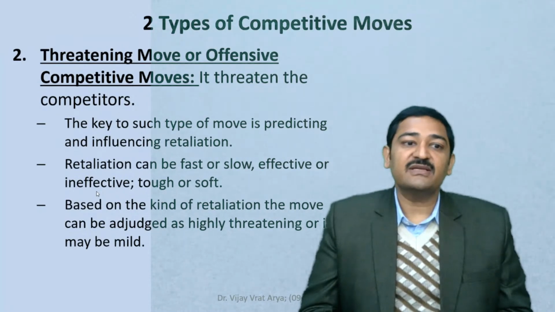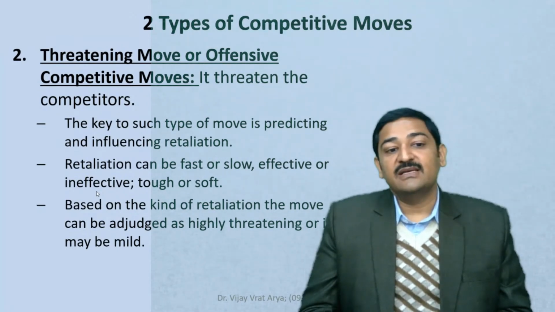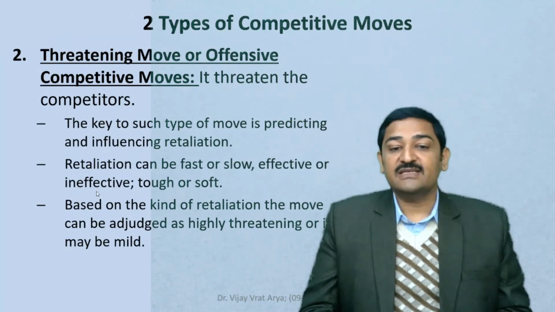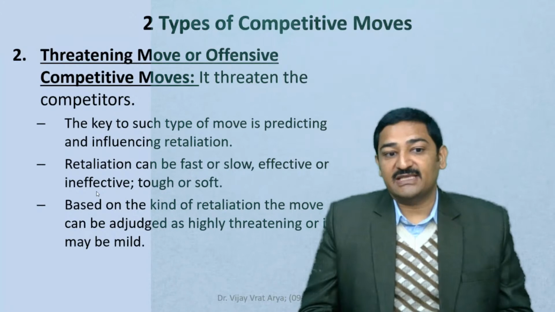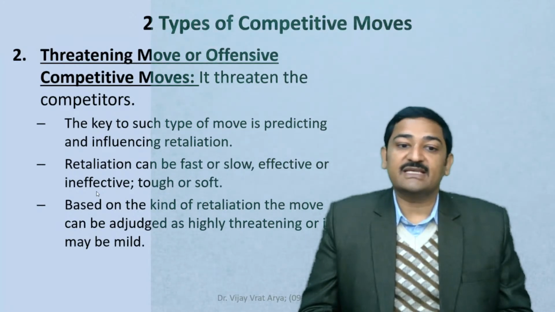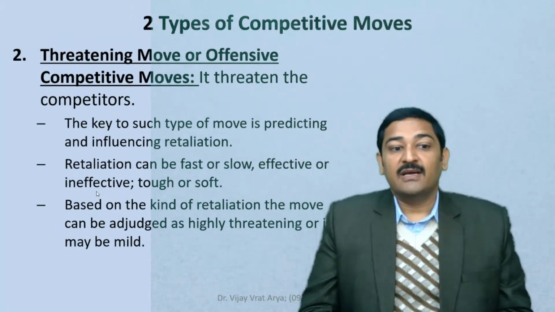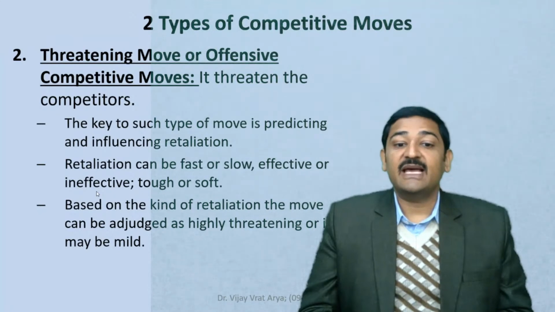The second aspect within the threatening move is that retaliation can be fast or slow, effective or ineffective, tough or soft too. Apart from that, based on the kind of retaliation, the move can be adjusted as highly threatening or a mild one.